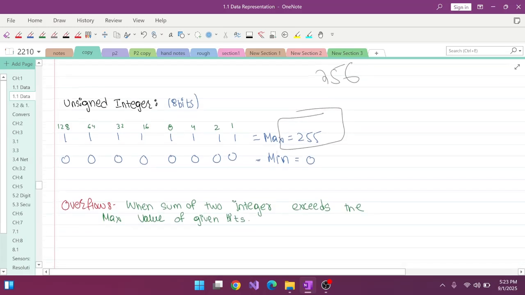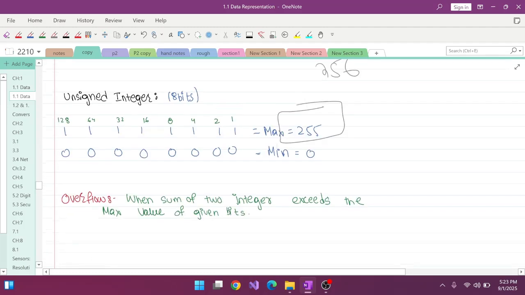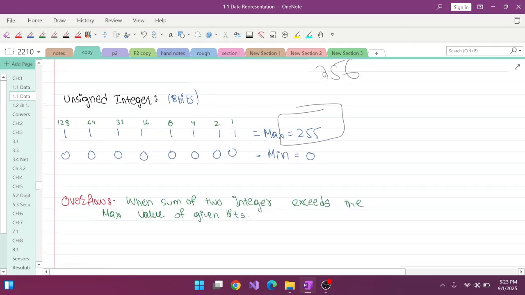But when the sum of two integers exceeds the maximum value, we just call it an overflow. When we exceed our limit, greater than 255, it becomes an overflow error.